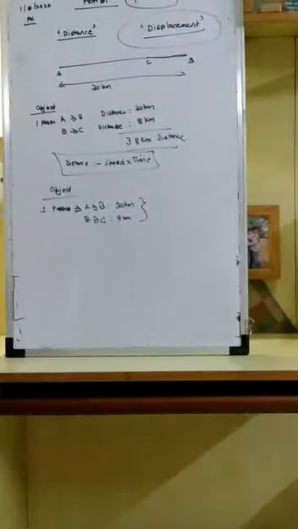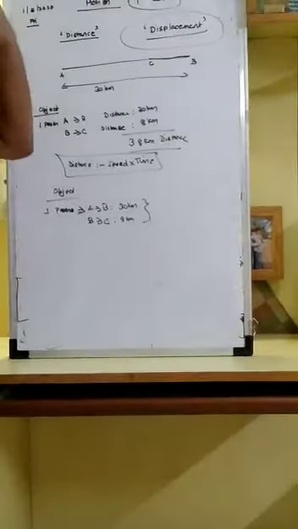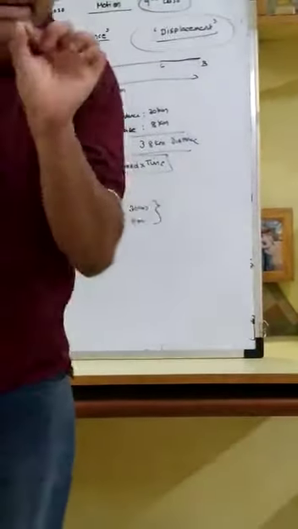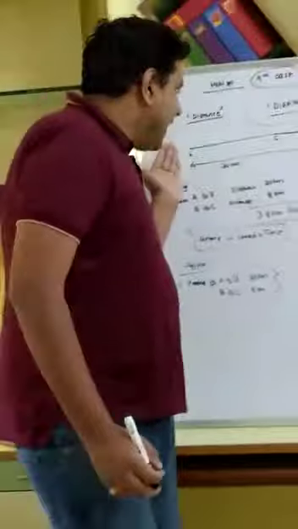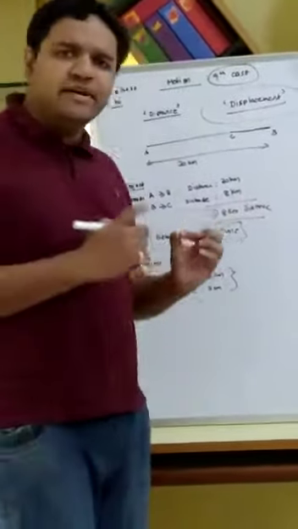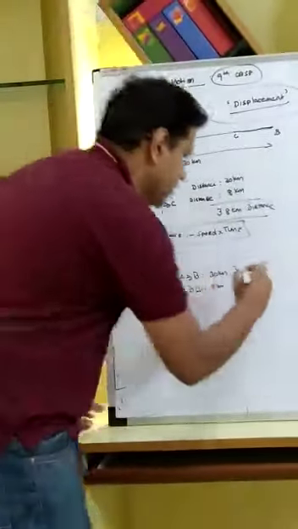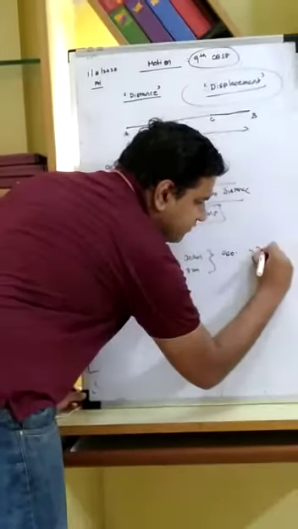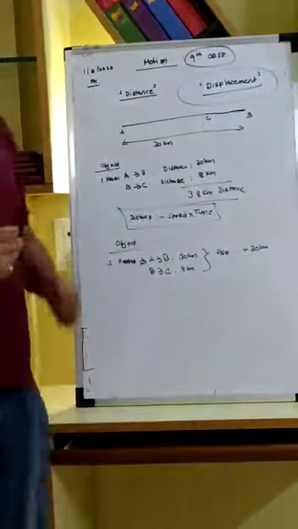The question is, what is the displacement? From A to B, the distance covered obviously is 30 kilometers. From A to B, the displacement is also positive 30 kilometers.